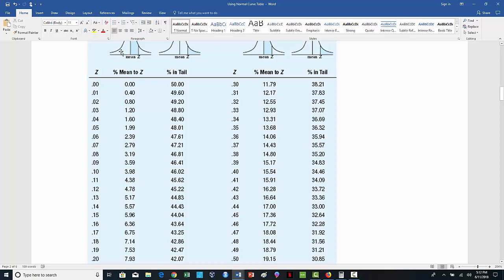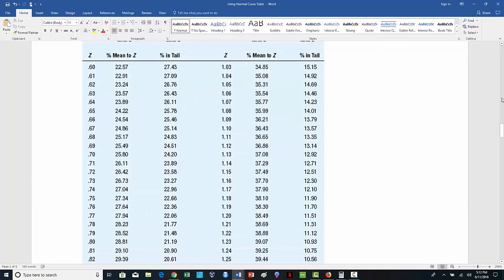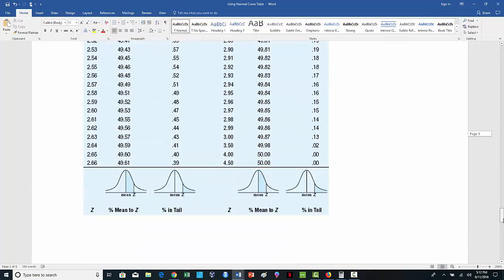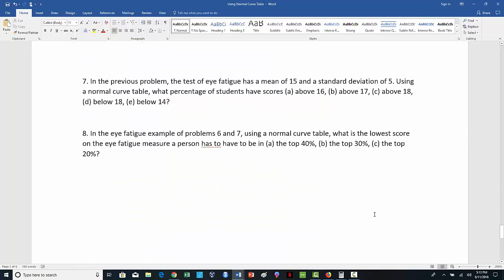It's asking what percentage are below that. So really what it's asking is what percent are in the tail from the z-score to the tail. So we're going to be looking in the percent in tail column, and 42.07% is the correct answer. All right, so that's it for question 7.